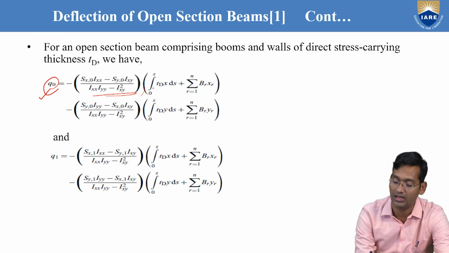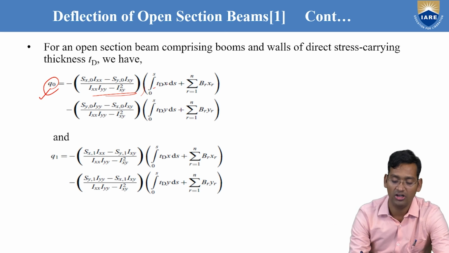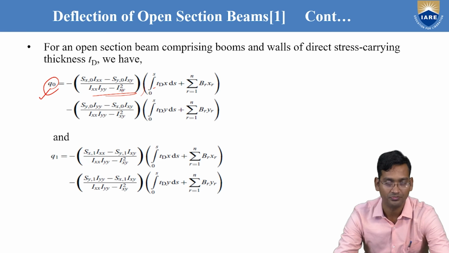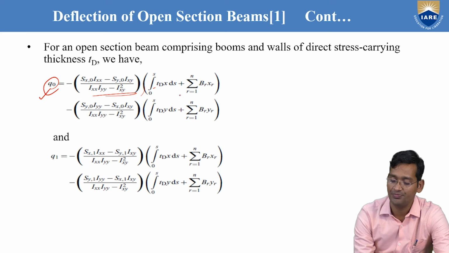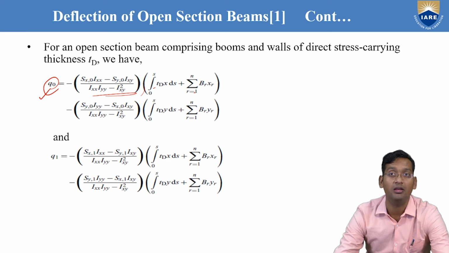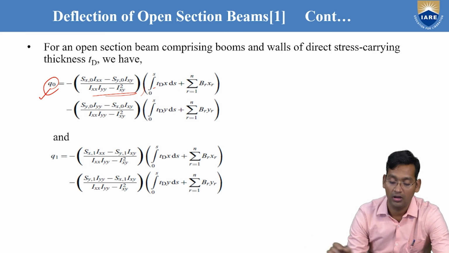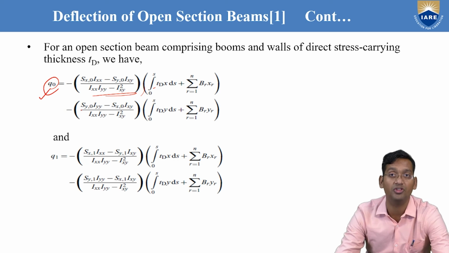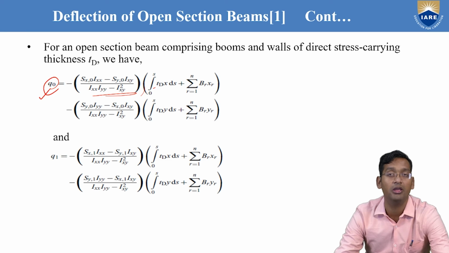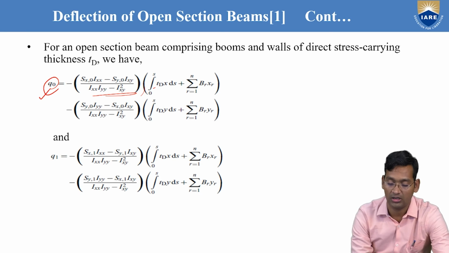So that's why here directly it's tD, and we had already seen this equation in our previous video. So tD x ds plus the sum from r equals 1 to n of Br xr, minus this term Sy,0 minus Sx,0 Ixy by Ixx Iyy minus Ixy squared. That again is common.